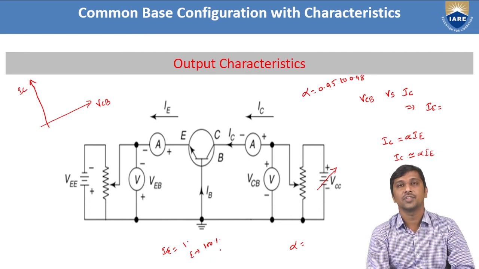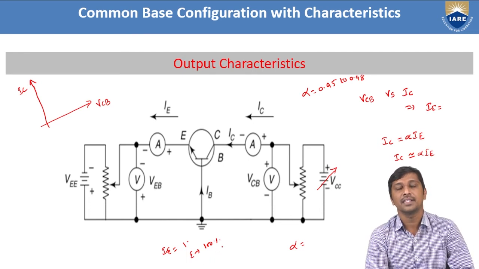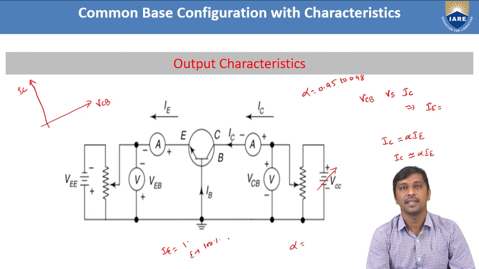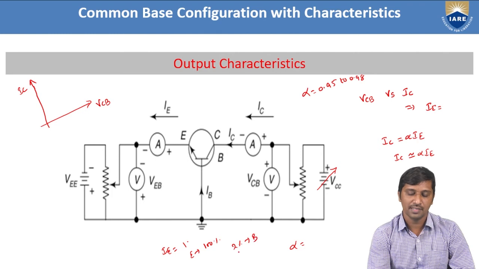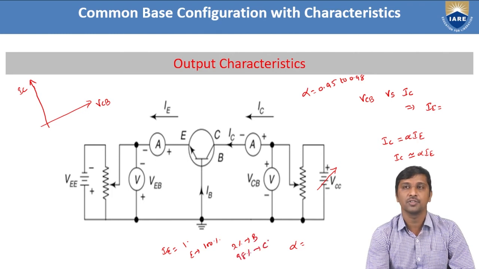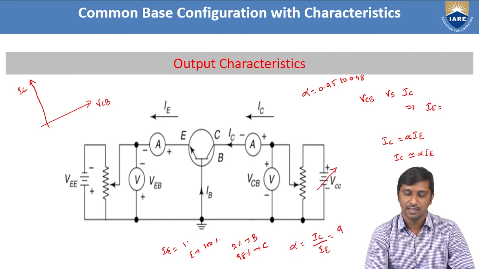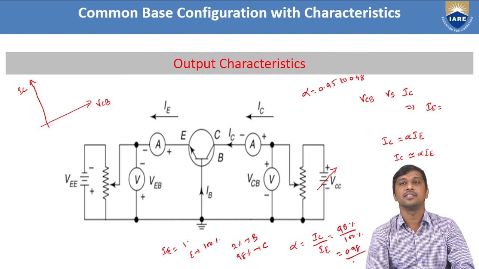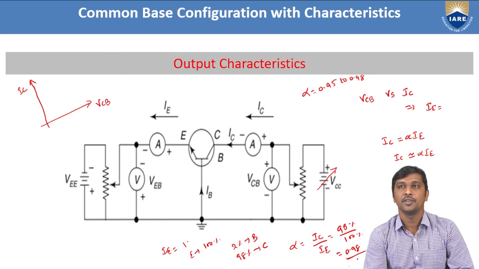Out of this 100%, 2% are constituted with the base and the remaining 98% are constituted with the collector. We know that alpha is defined as the ratio of output current to input current. So IC contains the 98% and IE is 100%. Hence the alpha value is 0.98. That is the reason.